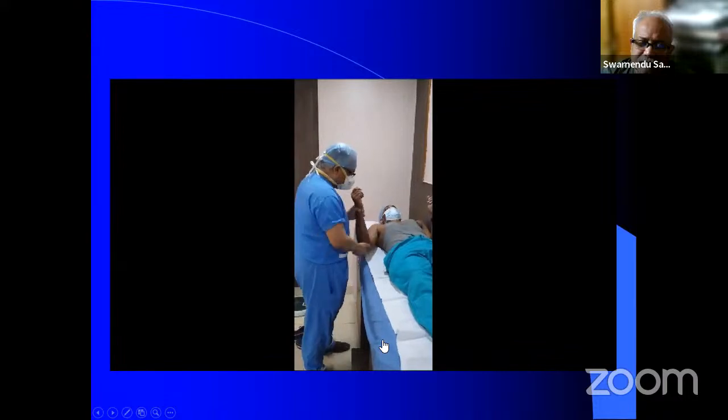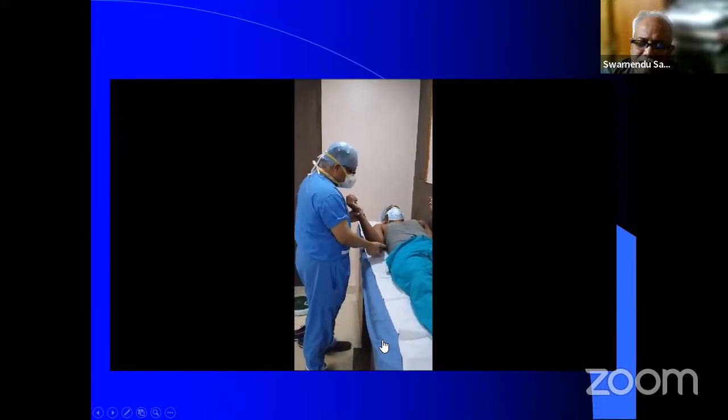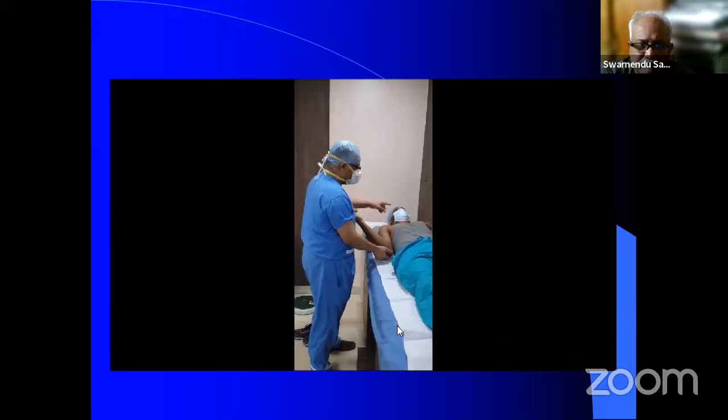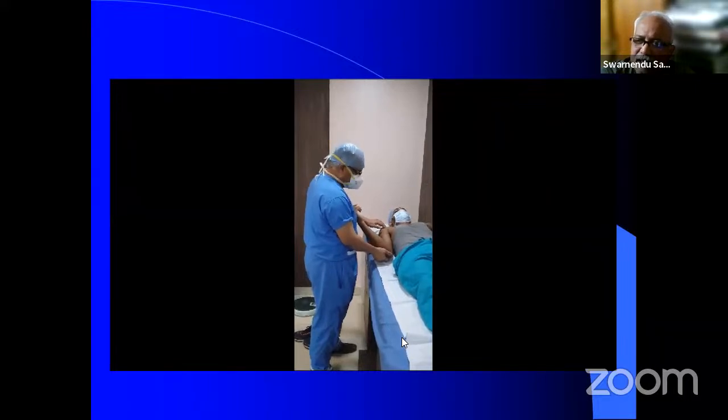So suppose I want to test the stability with the apprehension and the relocation test. Basically, I will do this at 0 and gradually rotate, accelerate, and I will do the pattern test. And also I will ask whether he is telling. So basically, you have to look at the face of the patient.